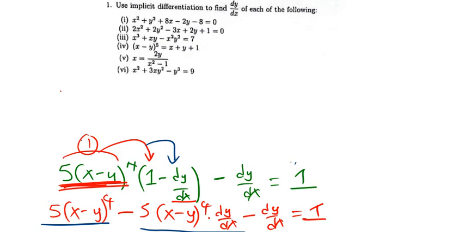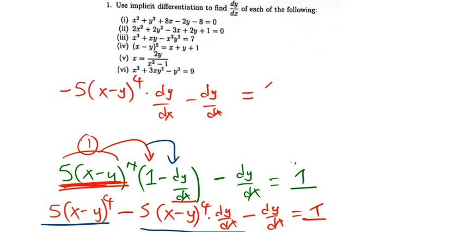So we have minus 5(x minus y) to the power 4 dy/dx minus dy/dx is equal to 1. Now this other part as well can go to the other side. It becomes minus 5(x minus y) raised to the power 4.